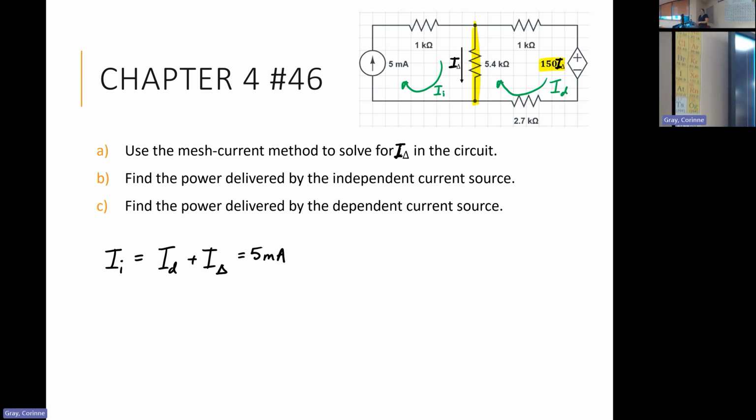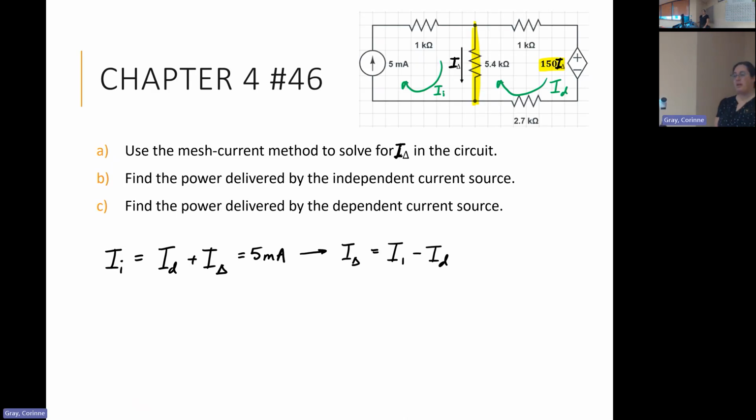So I can rearrange this such that I delta is equal to I minus ID. And from here, I'm gonna need to go through and solve for that.